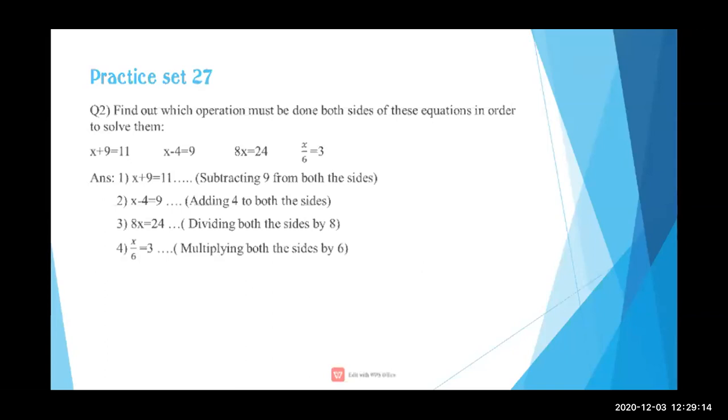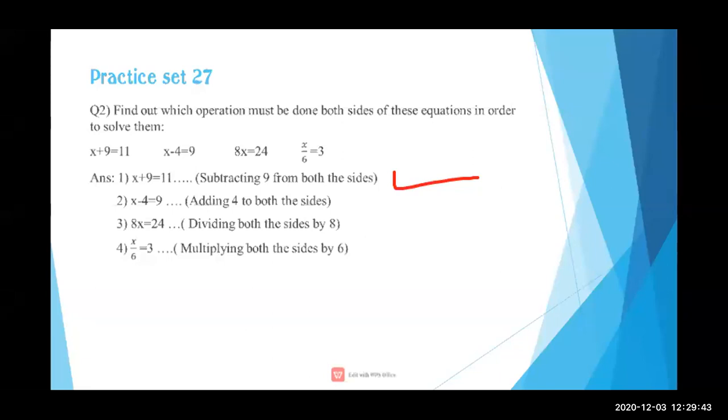Now we will start with our first one. In first question it is given x plus 9 equal to 11. Here the letter is x. After the letter, whatever is the number, we have to take the opposite of that operation. The number will not change, only the operation will change. So here it is x plus 9 equal to 11.